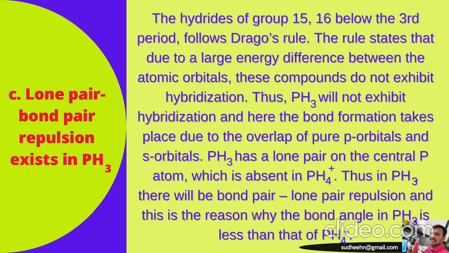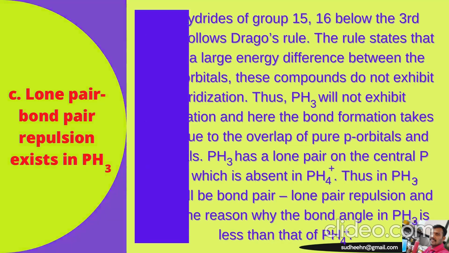PH3, that is phosphorus hydride, has a lone pair on the central P atom which is absent in phosphonium. Thus, in phosphorus hydride there will be a bond pair, lone pair repulsion, and this is the reason why the bond angle in phosphorus hydride is less than that of phosphonium. So this is the right answer.